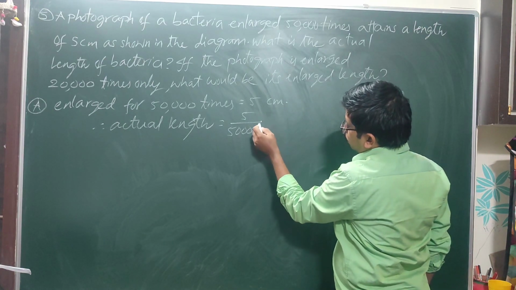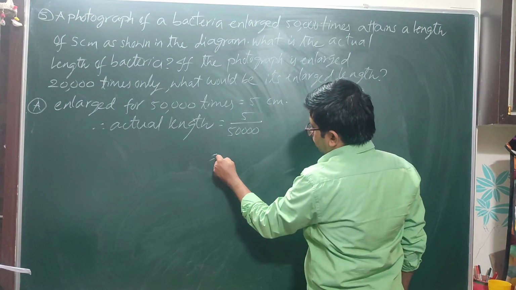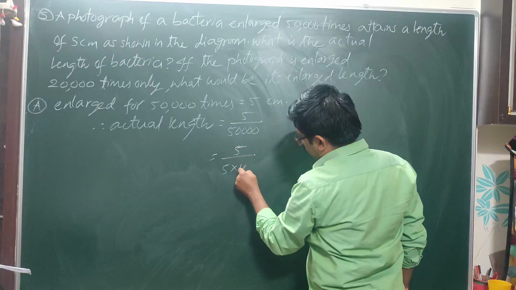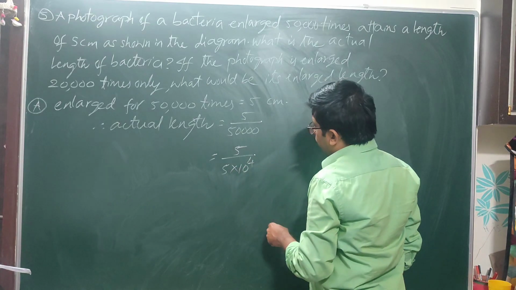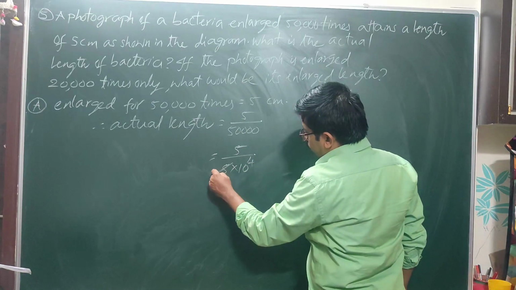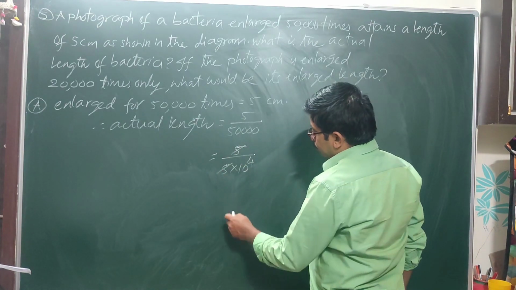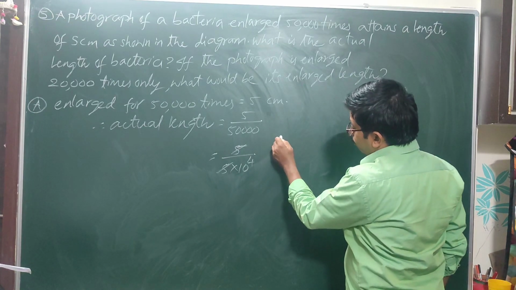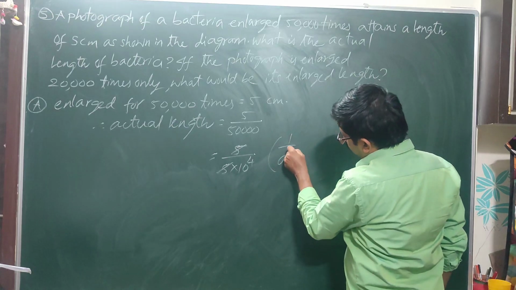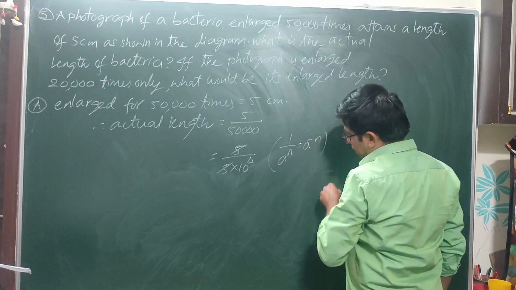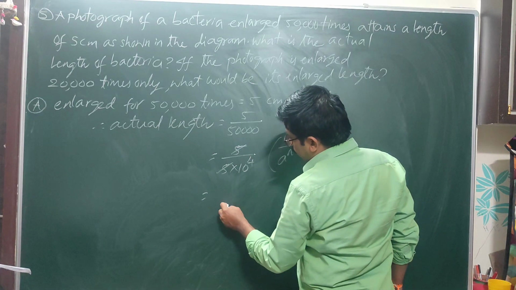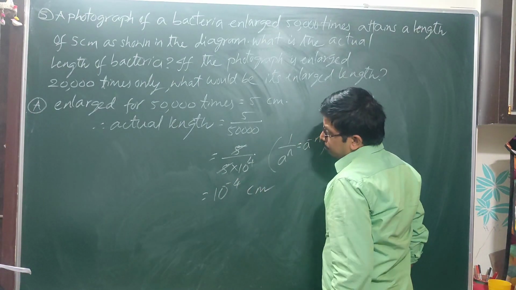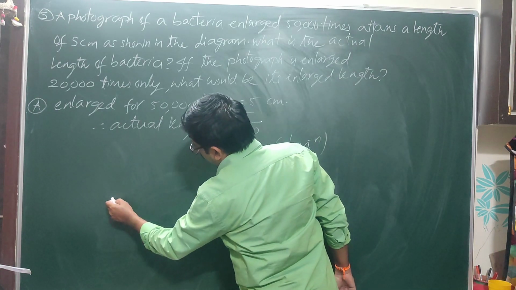So here 5 by 5 into 10 power 4. 5 gets cancelled and only 10 power 4 will remain. And remember the formula 1 by a power n equal to a power minus n. So that's equal to 10 power minus 4 centimeters is the actual length.